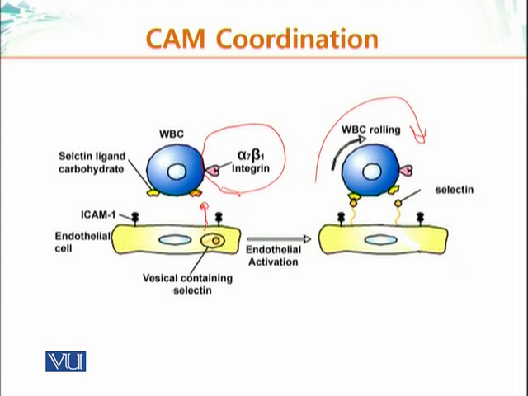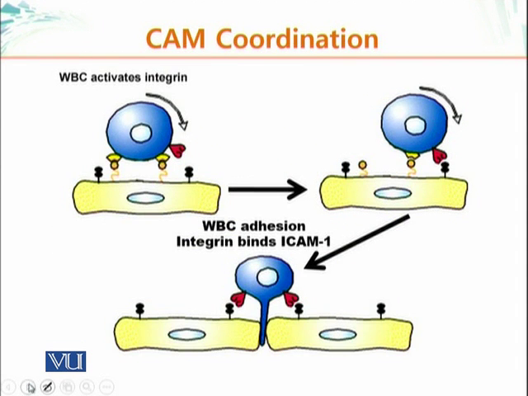Once this integrin is activated, as we will see in the next slide, it binds another specific molecule on the surface of endothelial cells. So this is our adhesion molecule, which is going to bind another molecule present on the surface of endothelial cells. These molecules are also expressed at the site of infection or where there has been damage.